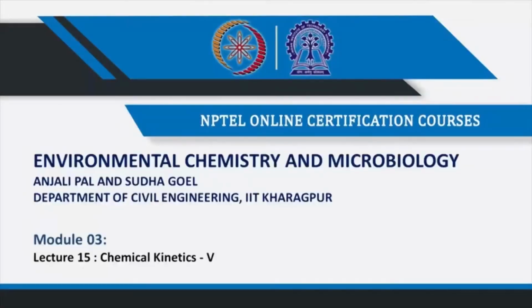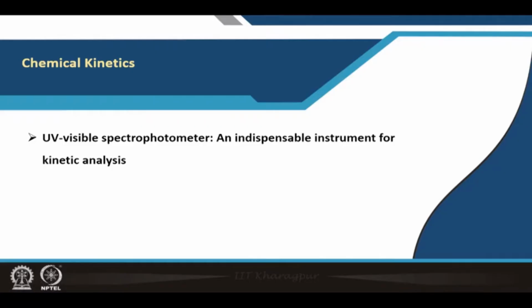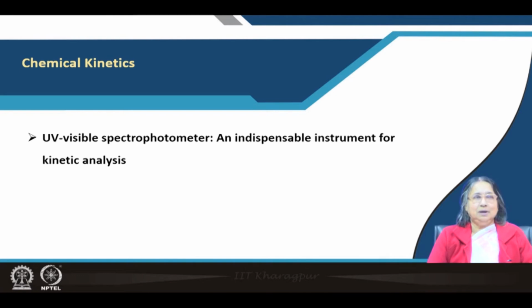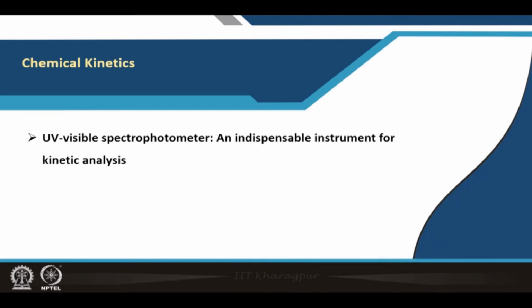This is my module 3, and I am discussing chemical kinetics. This is the 15th lecture. In this lecture, I will show a real demonstration or real application of some method by which we can determine the order of a reaction.